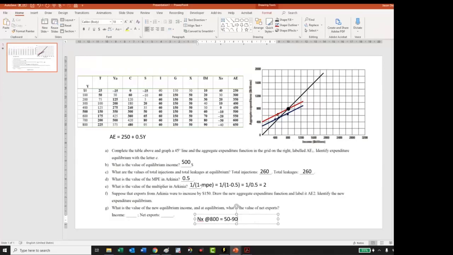So it actually would be equal to... we had an increase in exports of 150. My mistake. So we know that at this point here, exports now are going to be 200, right? So 200, because we're adding 150. That's what we were asked to do in part F. So it'll be 200 minus imports, which are 90. And so we end up with 110.